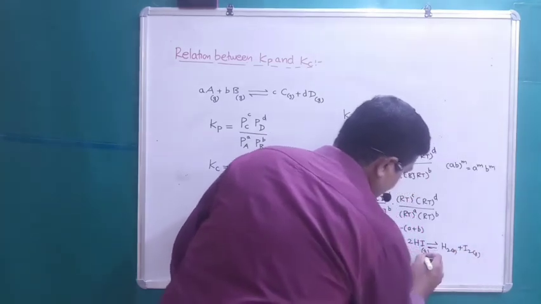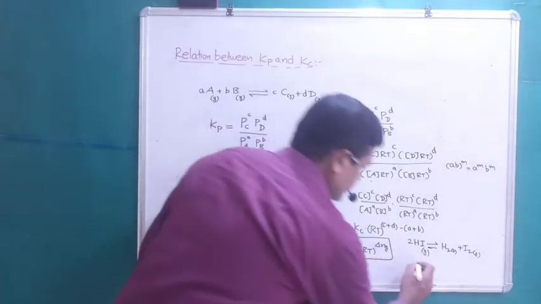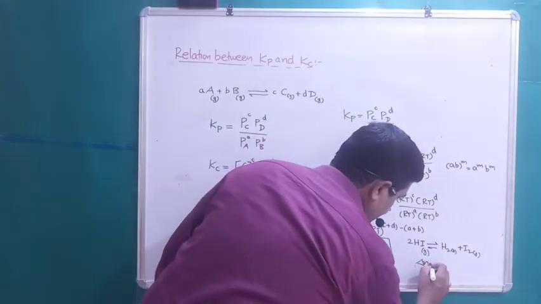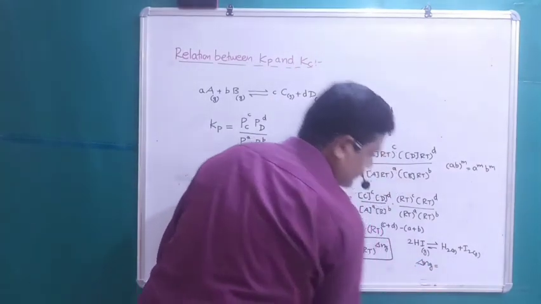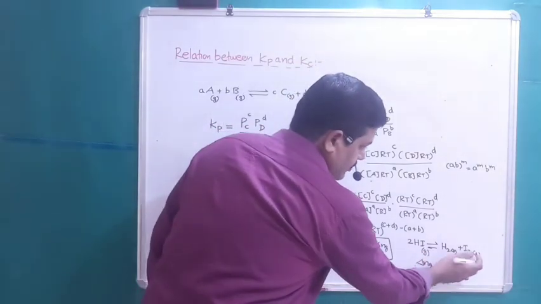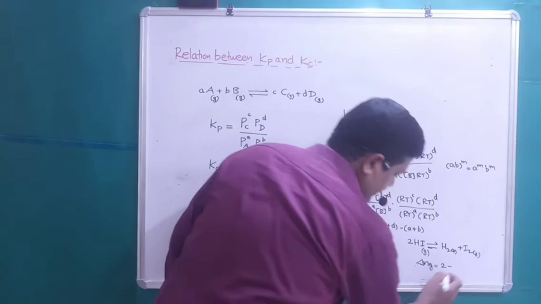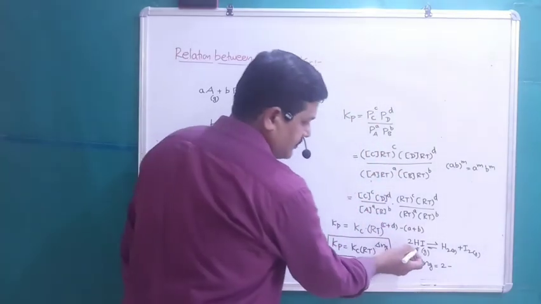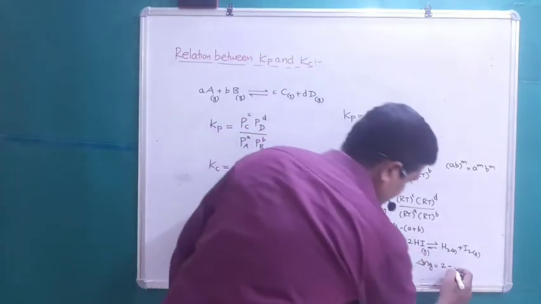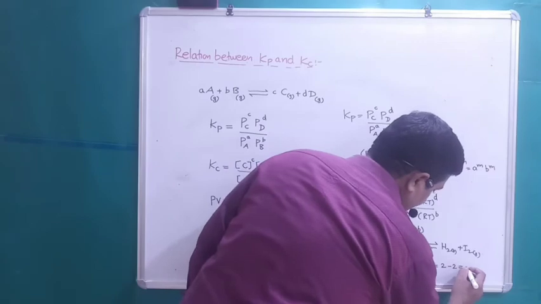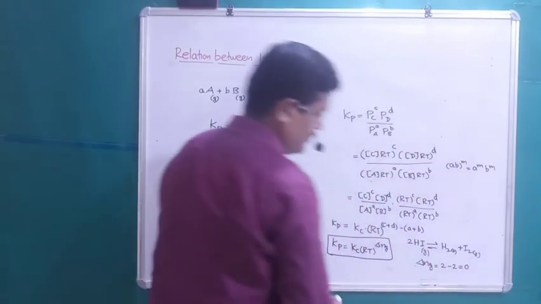All the gases are involved in this reaction. Then delta Ng for this reaction is the total moles of gaseous products, 1 plus 1, which is 2, minus the moles of gaseous reactants, which is 2. So we are getting delta Ng equal to 0.